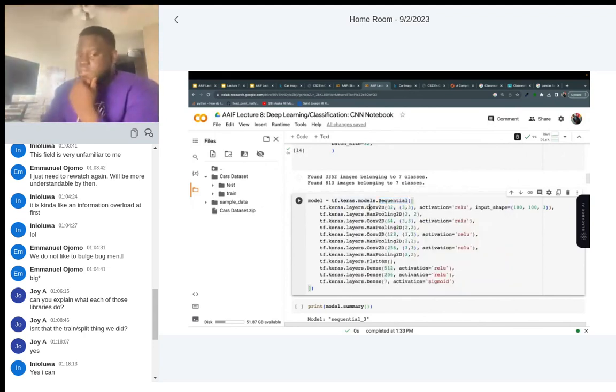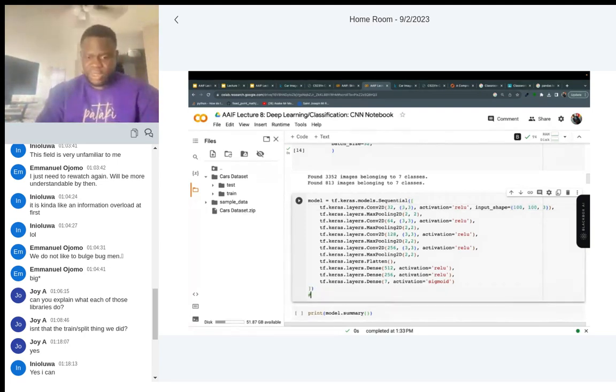Now, it's going to pass it through a convolution layer. We all know what convolution does. Convolution filters and shrinks with a window. So it's going to take in an image of 100 by 100 by 3, and it's going to convolve with a 3 by 3 kernel. What's the output shape? TensorFlow did not give us the output shape. The output shape is going to be 100 minus 3.